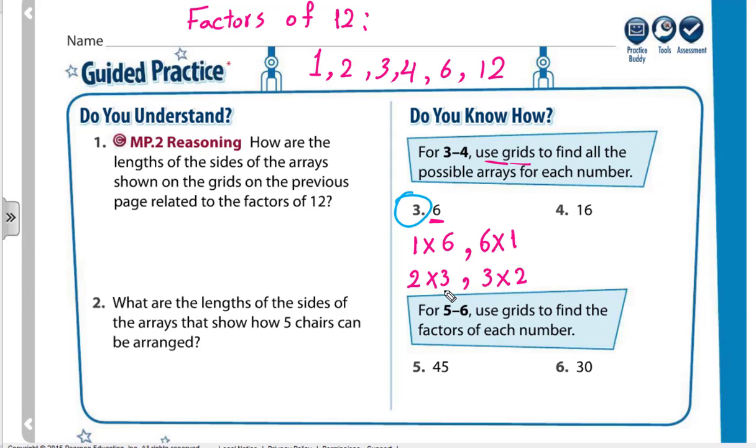Thank you. Can you do anything else? No. So these are all the factors of 6. Thank you, my hero. And Muhammad, go ahead. 16. And of course, start with 1 row. 1 multiply 16 equals 16.